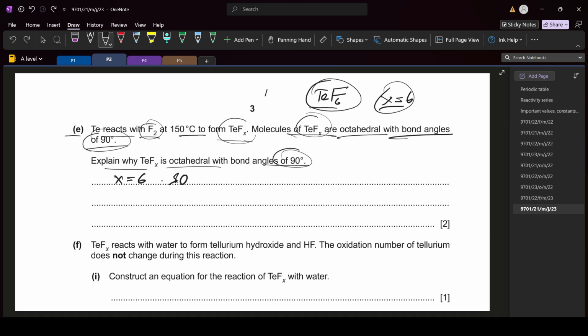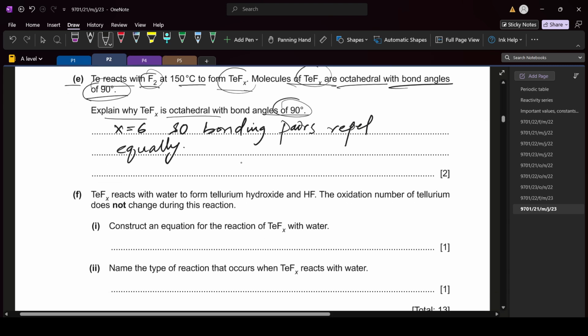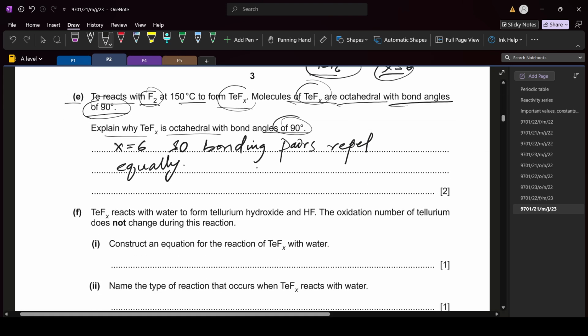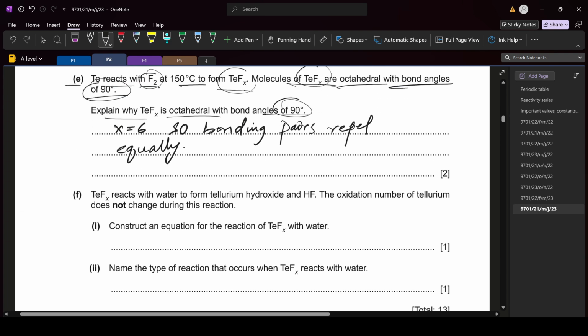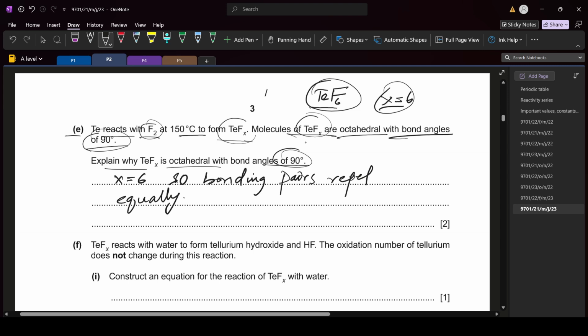So bonding pairs repel equally. That's why it has an octahedral geometry and the bond angle of 90 degrees, because the bonds are of the same electronegativity. There are 6 fluorines, and they will each repel equally.